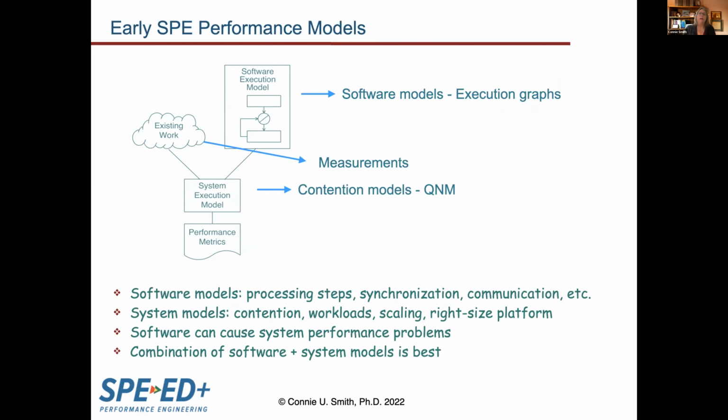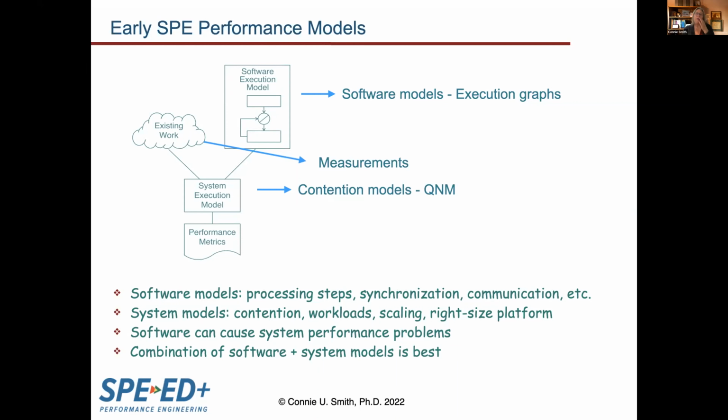I'm talking in this talk specifically about the software performance models. So there's the ones in the top right of this picture. And at that time, and still actually, we use execution graphs to specify the software flow. What are the steps in the processing? What is the order of the steps?